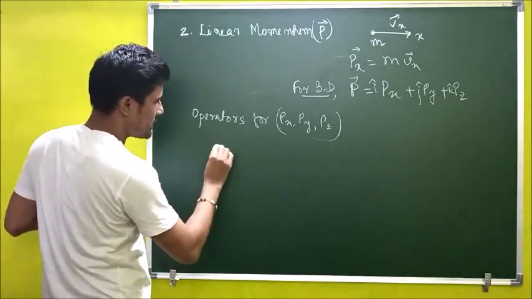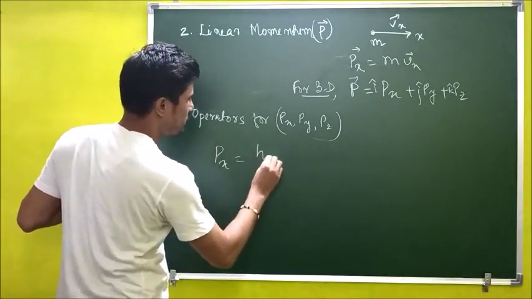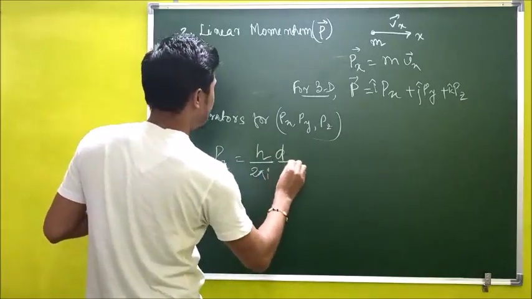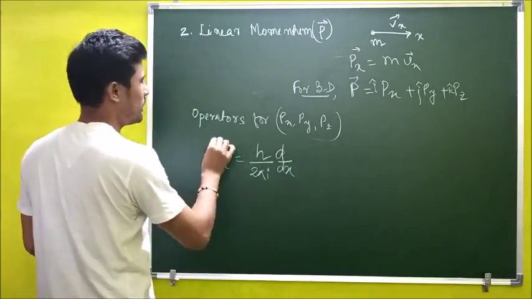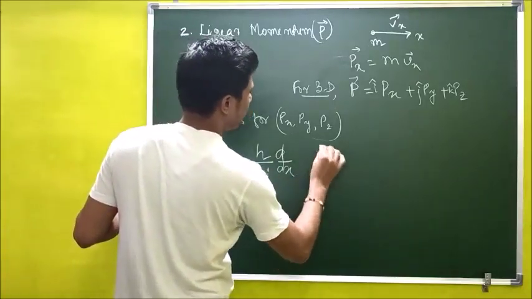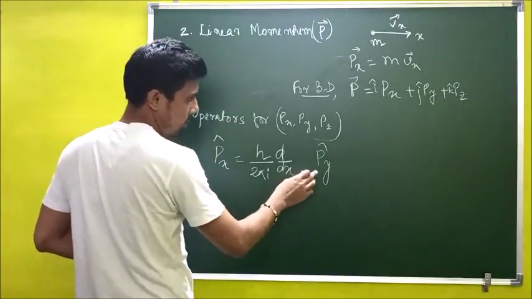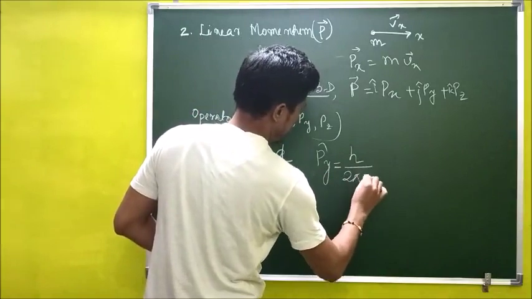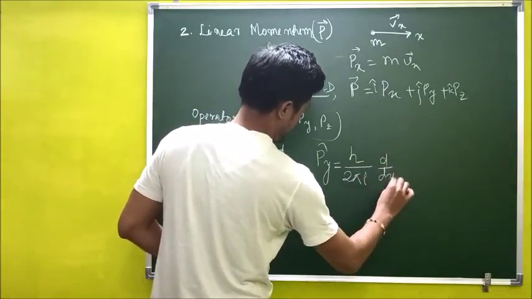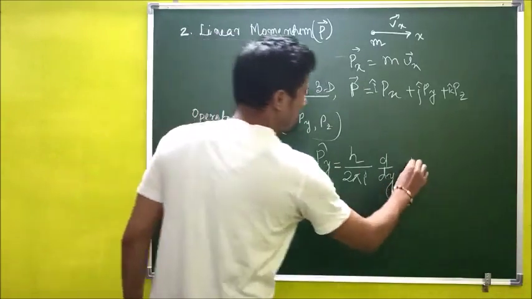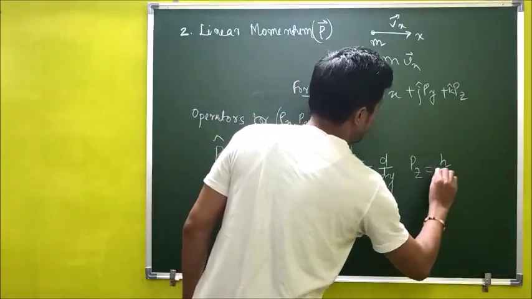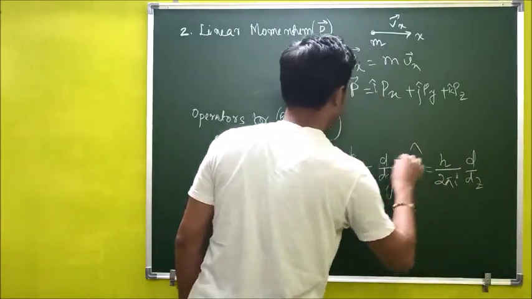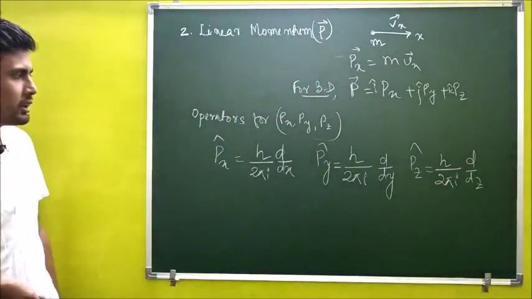The operator for px is h by 2 pi i times d/dx, the operator for py, the linear momentum along the y-axis, is h by 2 pi i times d/dy, and pz is h by 2 pi i times d/dz. These are the three operators for linear momentum.